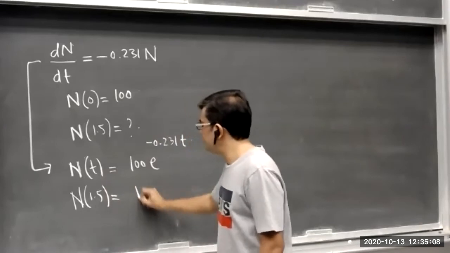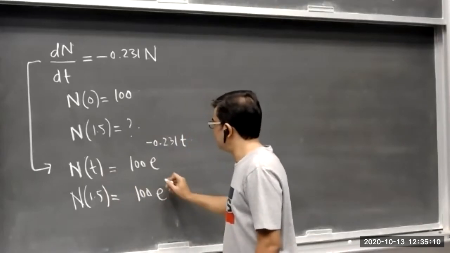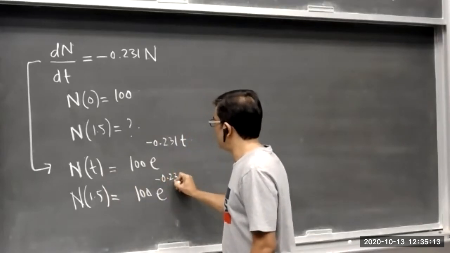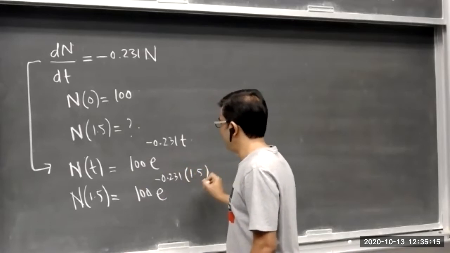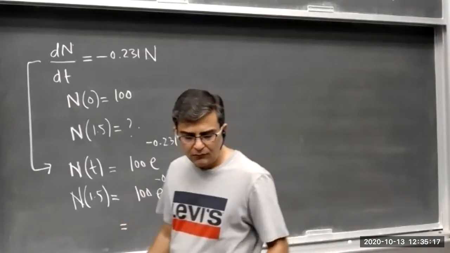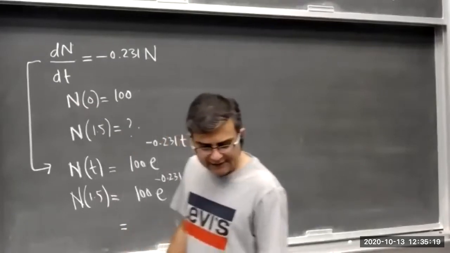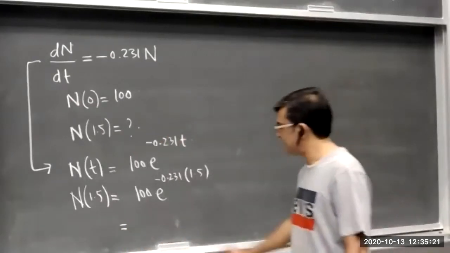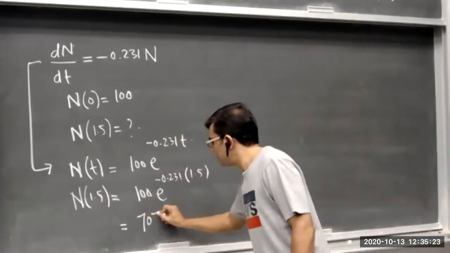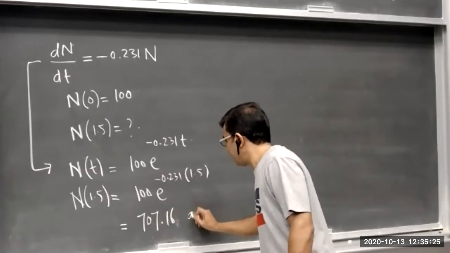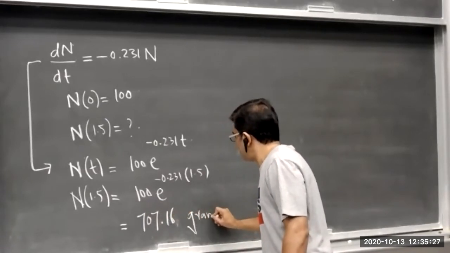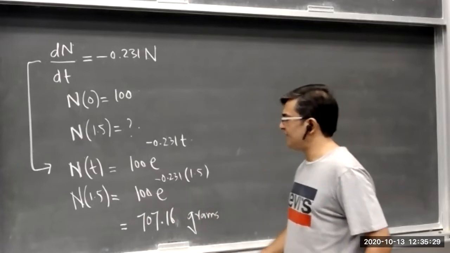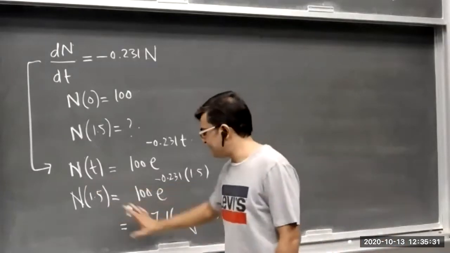So we simply insert t equal to 1.5 here and solve it. What do we get here? 707.16 grams. So this will be the amount of that substance after 90 seconds.